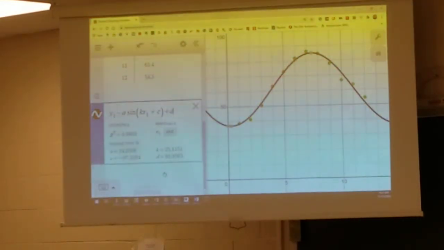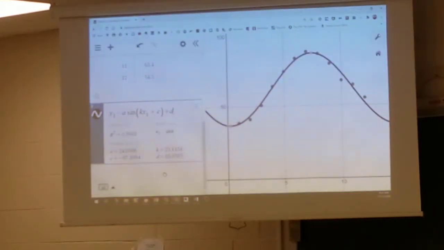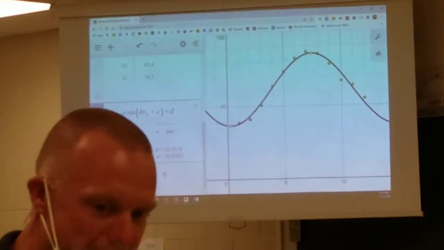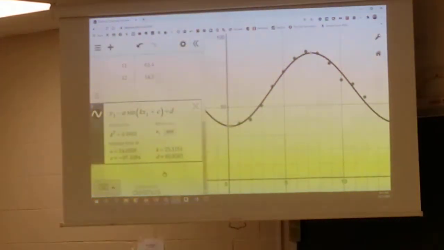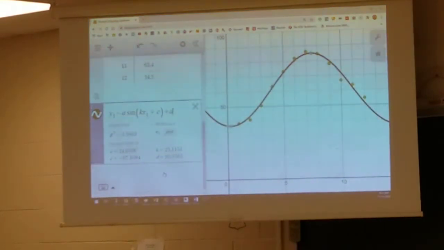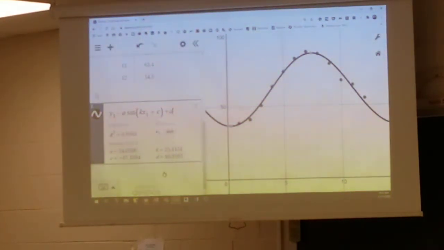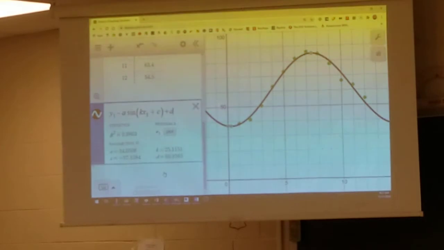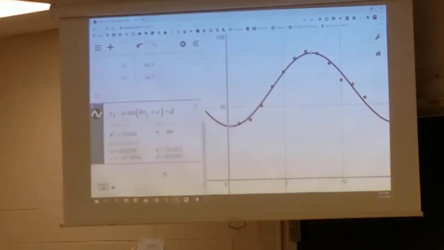Why is that not working? Just maybe hit X and try it again. I'm not sure, but if you type it again, maybe it'll like it. Now, do you realize that the numbers that it's pumping out, those are the same numbers that we slaved over to come up with this regression equation?